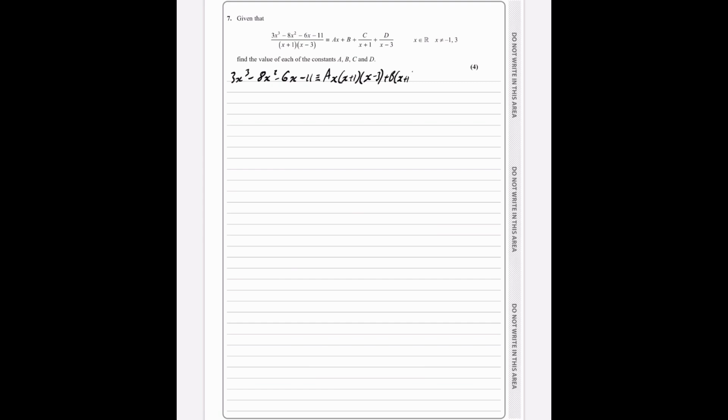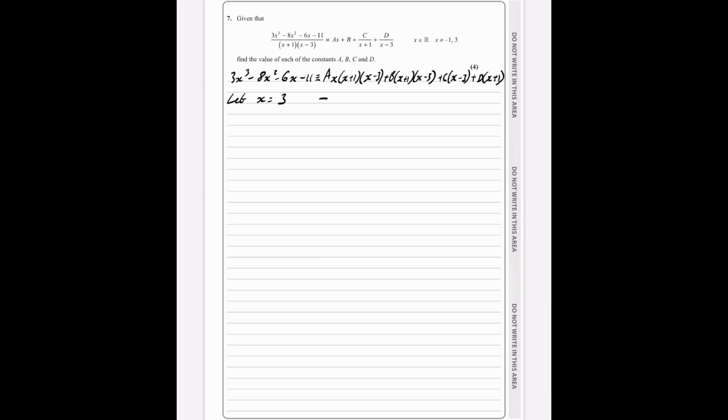B lots of x plus 1, x minus 3. With the c term, the x plus 1s will cancel, so it will just be c lots of x minus 3. And with the d term, the x minus 3s will cancel, so we'll be left with d lots of x plus 1.